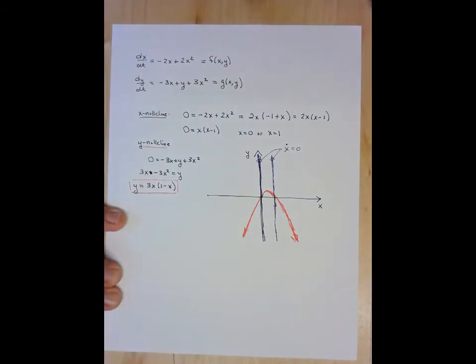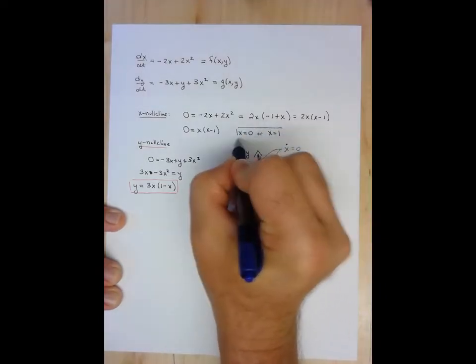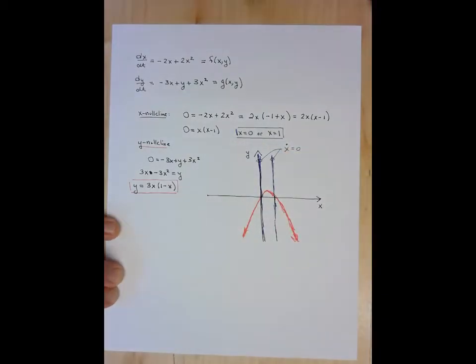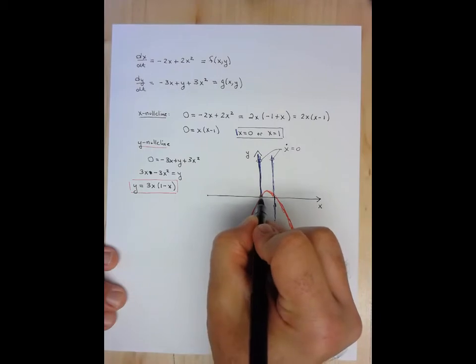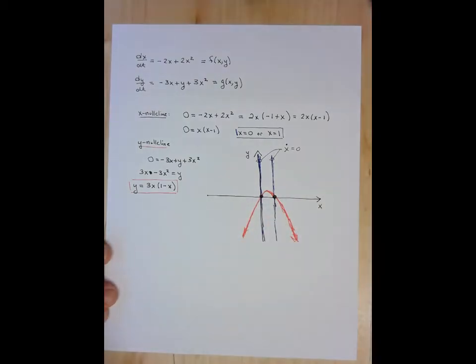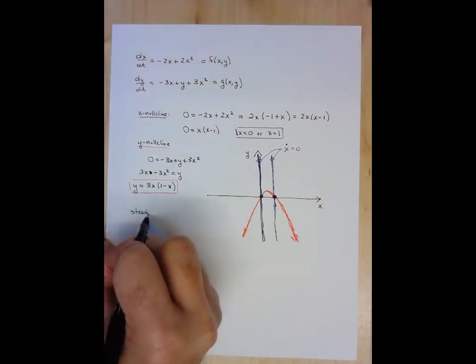Alright, so this is the equation for the y nullcline. Any set of points x and y that satisfy that equation will be on the red line, and this is the equation or equations for the x nullcline here. So we know now that certainly there's two steady states. There's 2 points in the plane where the x and the y nullclines actually meet. So when we consider the steady states, that's quite easy to see now.